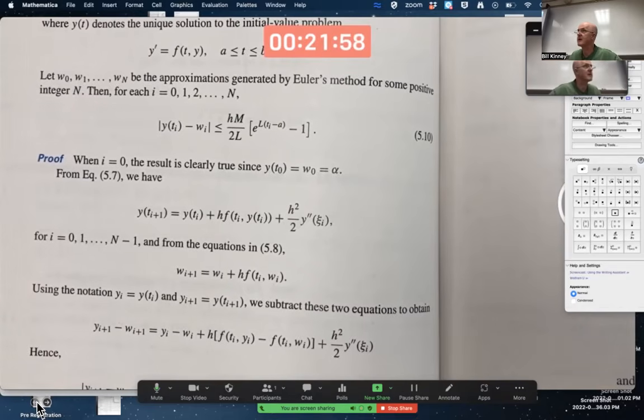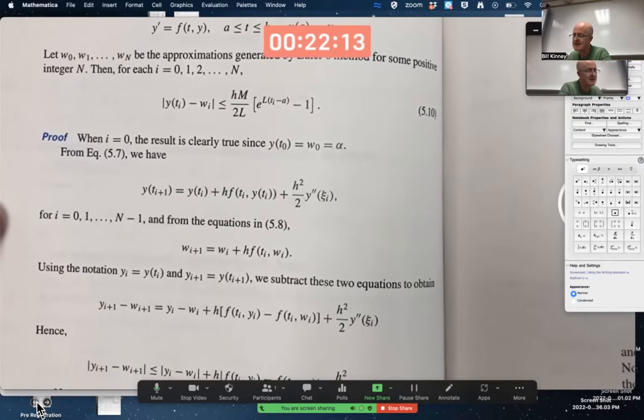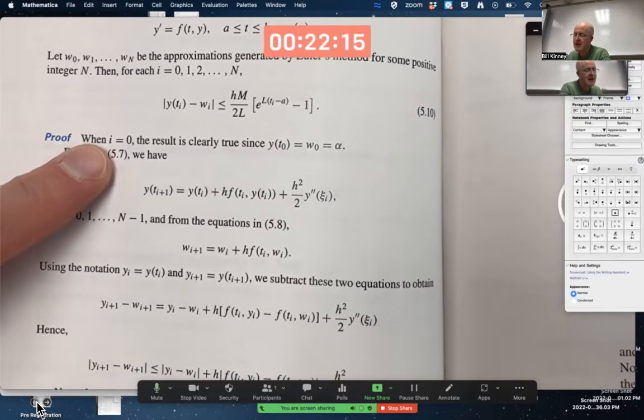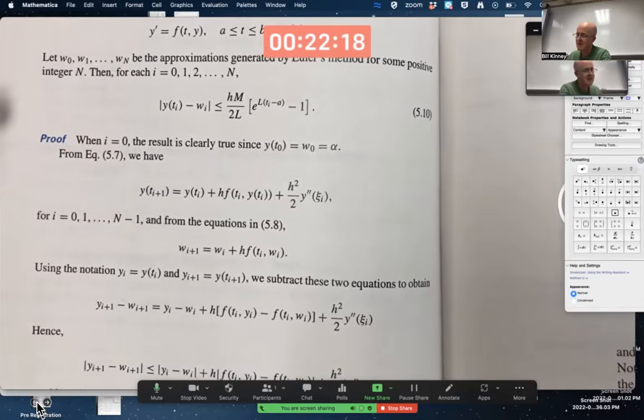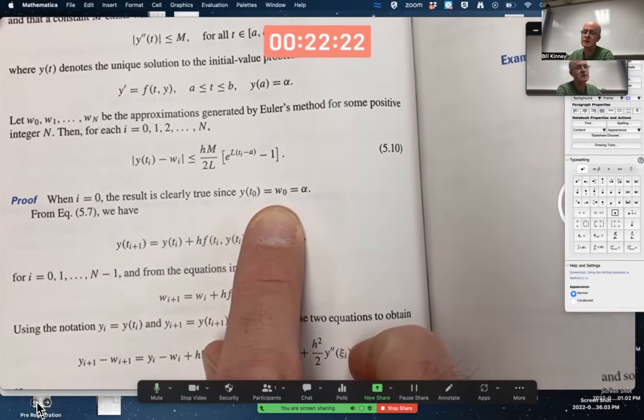The second order Taylor method that we will review here in a few minutes uses it. There's also a fourth order Taylor method that we'll talk about that uses it as well. So I'm not going to completely understand everything in the proof, but let's try to get the basic idea. When i equals 0, the result is clearly true because w_0 equals y(t_0) by definition of what w_0 is.